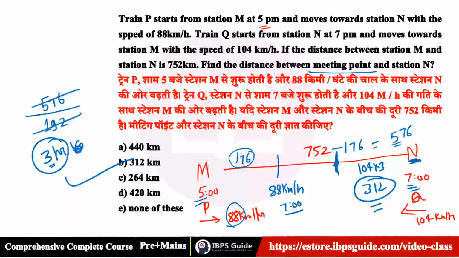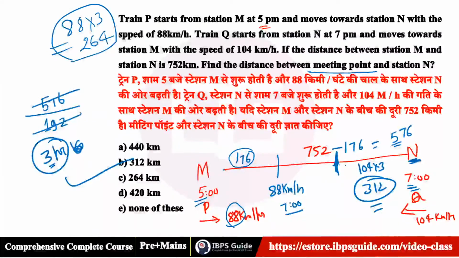To those who did it incorrectly, did you get the point? Satyam and Mamta, I think two answers are incorrect. I think you calculated from here, this 88 into 3: 3 8s are 24, 3 8s are 24, 4 2s are 8, 264.